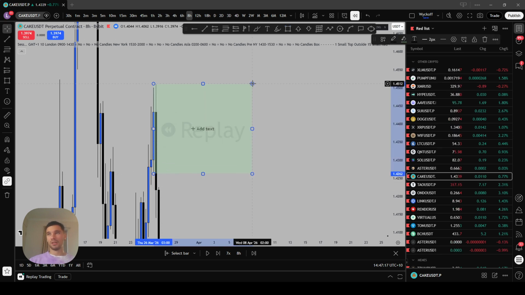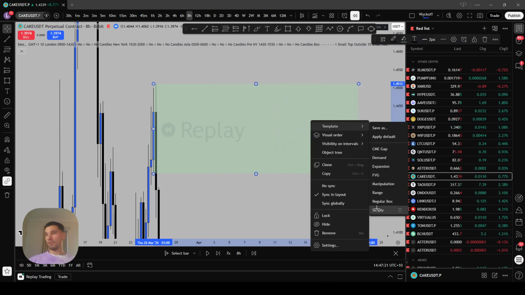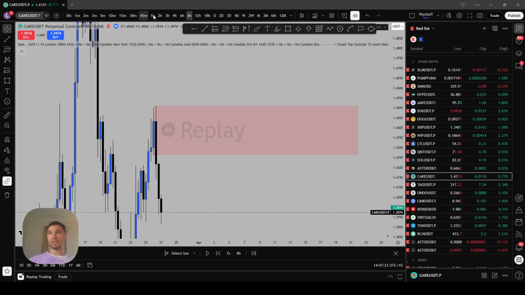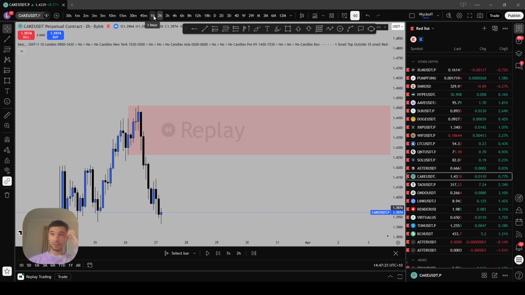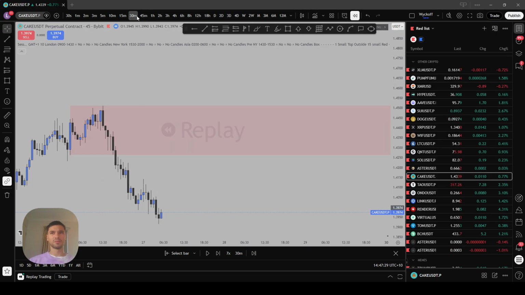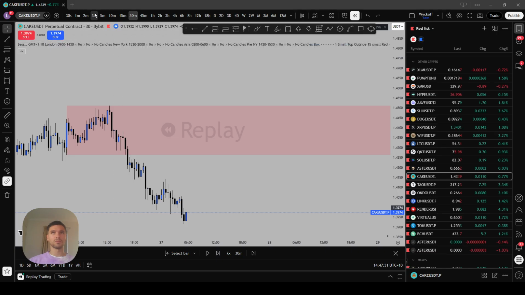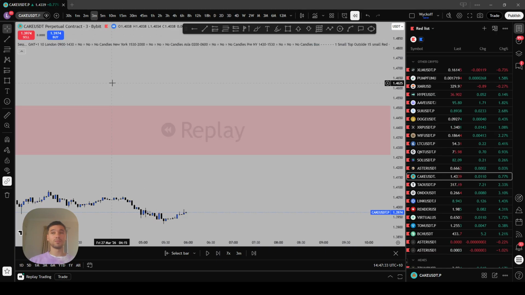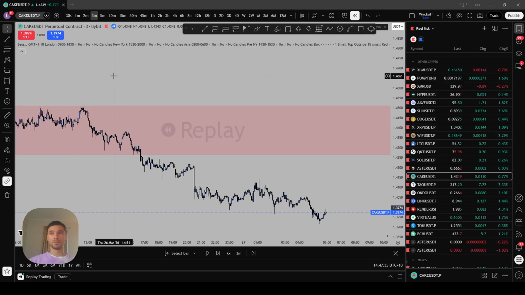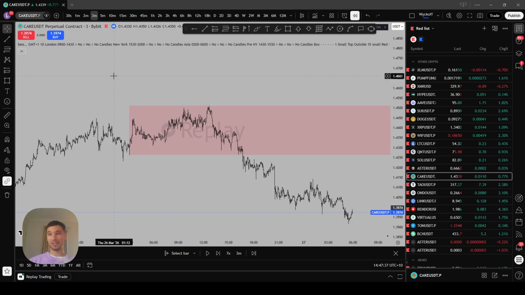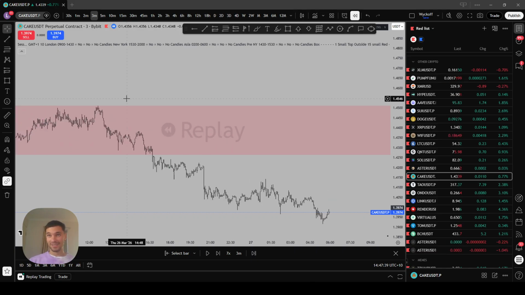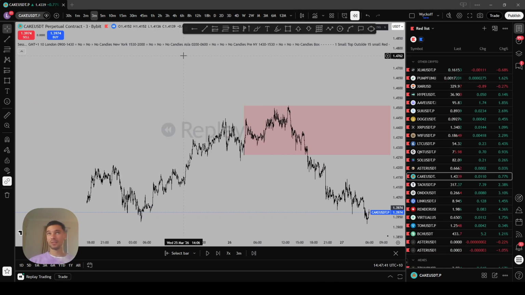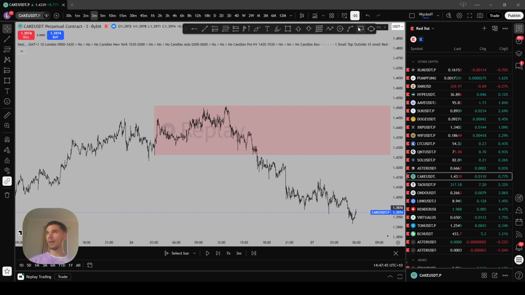I'm going to pretty confidently assume that whatever supply was in here has been mitigated on the lower time frames. Or maybe not. Wow, okay. It has not been mitigated. This is a crazy powerful supply then. Wow.